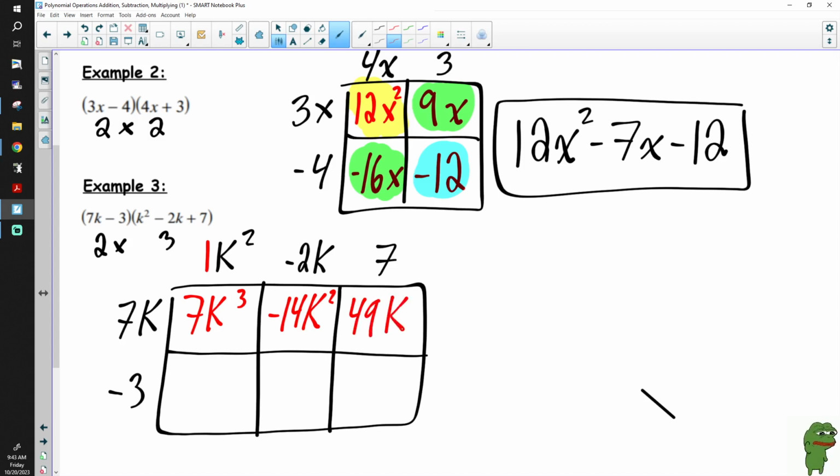How's the first row look? Good. Good. Start on the bottom row. When you're done with the bottom row, you can start writing your final answer.